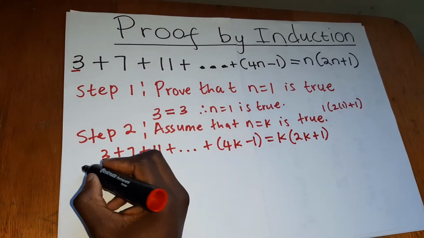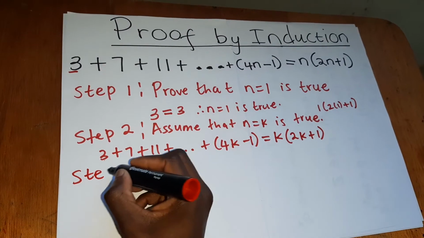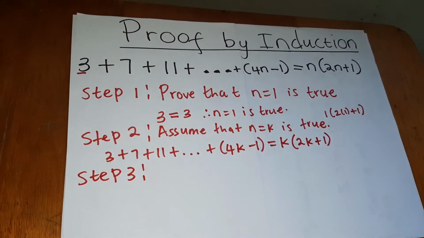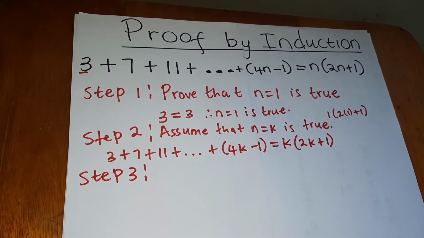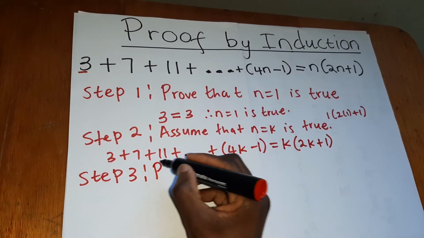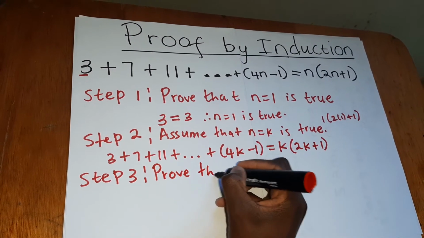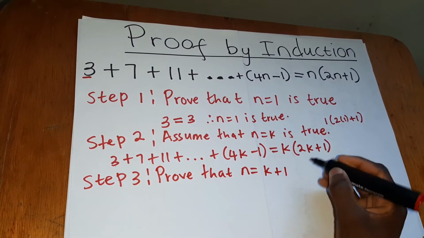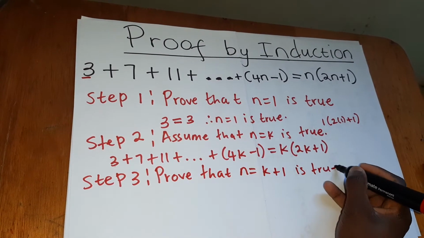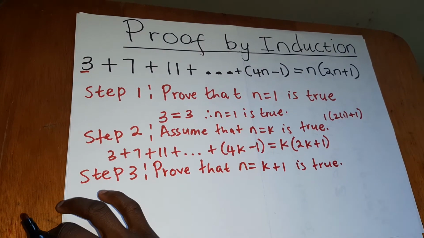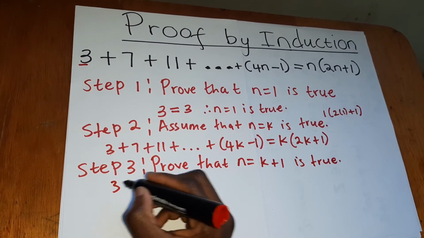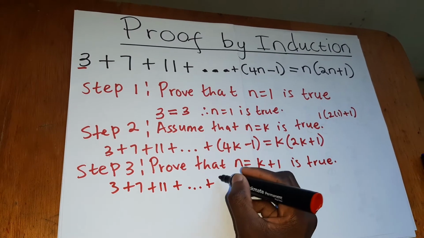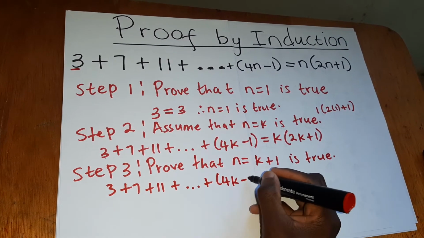Now we are moving to step number 3, our final step. In step number 3, you want to prove that n is equal to k plus 1 is true. This is what we want to prove. So we will need to say 3 plus 7 plus 11 plus ... plus 4k minus 1.